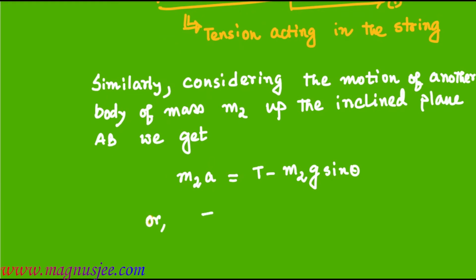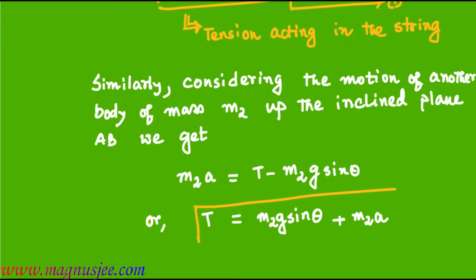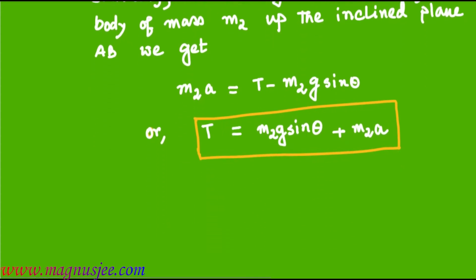Therefore, T equals m2g sin theta plus m2a. That will be equation 2. And that is also the same tension acting in the string in connection with the motion of the body of mass m2 placed on the inclined plane.